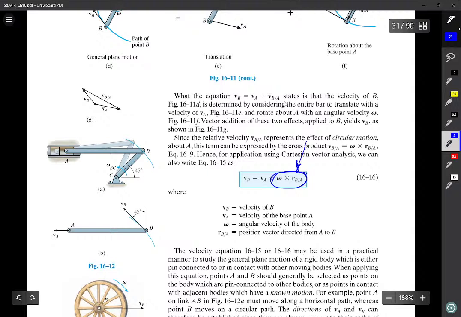Again, this is only because of the rotation. Now, as it turns out, this is similar to what you've seen before. The difference being that the points A and B don't change their distance from each other. So let's go look at a particular case and just set it up and just go with it there.